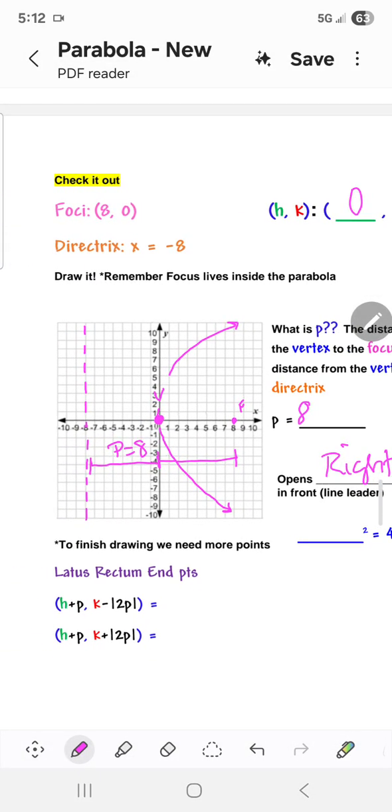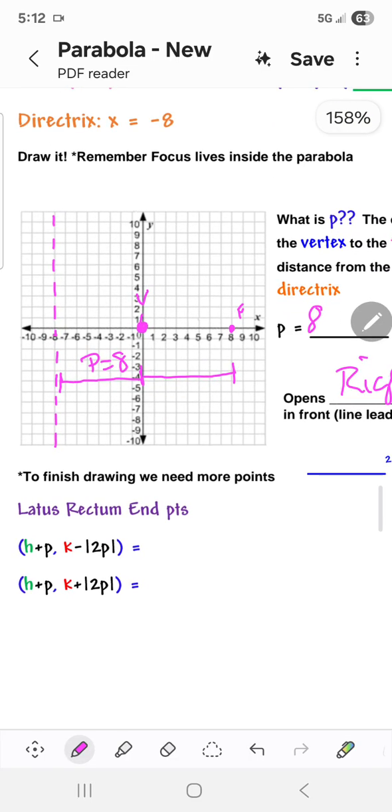We need 2 more points in order to draw this correctly because we don't actually know how wide or how narrow to make the curve. So we are going to do that by filling out the points of the latus rectum endpoints.